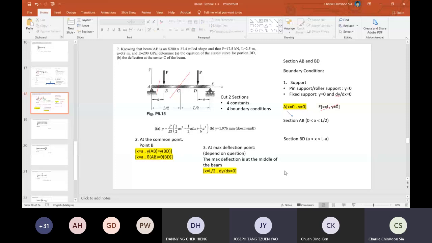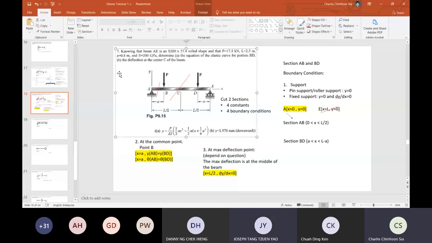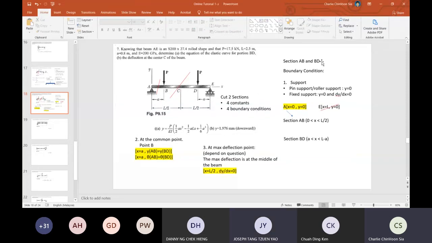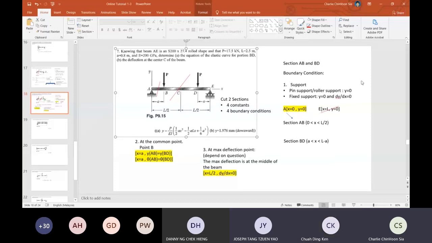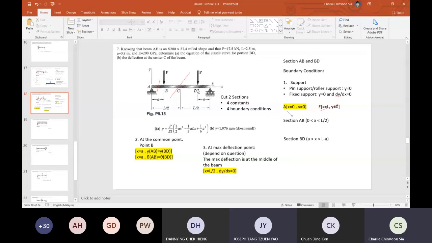So by using these 4 boundary conditions, we are able to determine the constants when we perform the double integration for section AB and section BD. So why do we not need to cut the DE? Because we have enough boundary conditions to determine the portion BD by considering 2 sections.